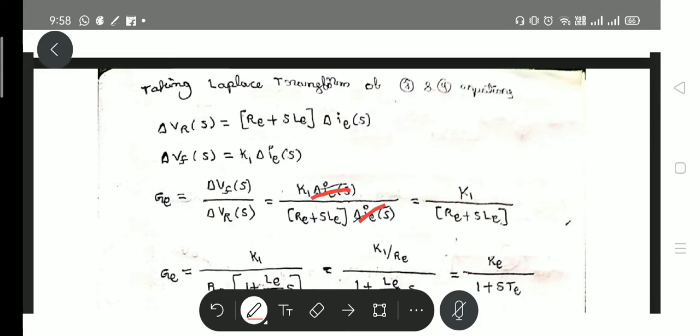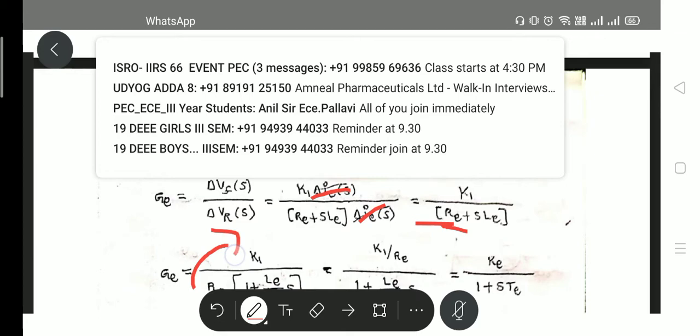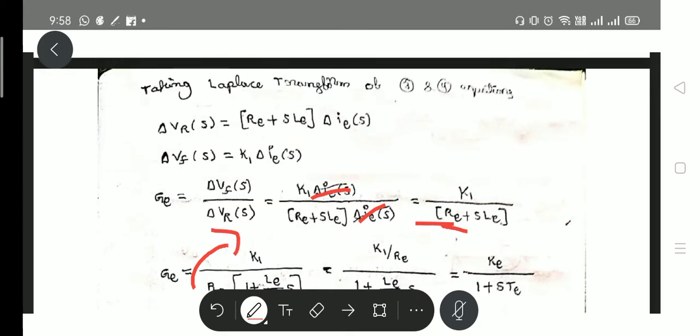Here I take Re common: Re into 1 plus Le by Re into S. Taking this Re from above, we get K1 by Re over 1 plus Le by Re into S. Here K1 by Re I am calling Ke and Le by Re I am calling Te.